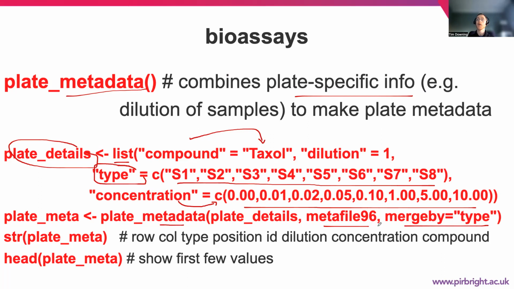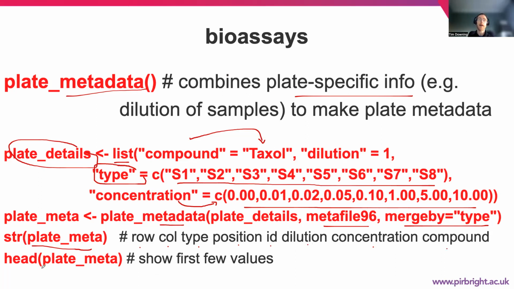So to make sure that those column names correspond to each other, they have to be exact matches, lowercase type in this case. And that means we can look at the structure of the plate metadata, which contains the rows and columns, the type as up here, S1, S2, S3, the position like A01, the ID, the dilution level, the concentration, which we see above, and then the compound type as well.